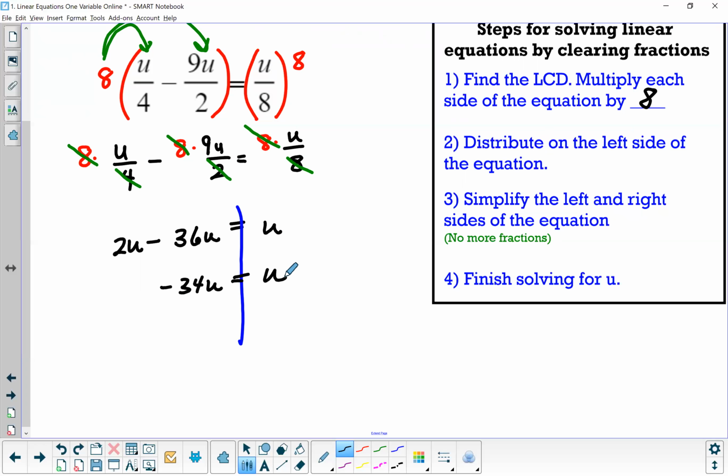Now, you still want to get all of the variable terms on the same side. So I can bring the u to the left, or I can bring the negative 34u to the right. I'm going to bring the variable terms to the right. So I'm going to add 34u to each side.